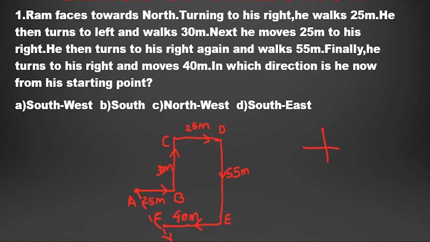We know the basic directions: north, south, east, west, and their cardinal directions: northeast, northwest, southeast, and southwest. And this direction would be southeast. So the answer is option D, southeast.